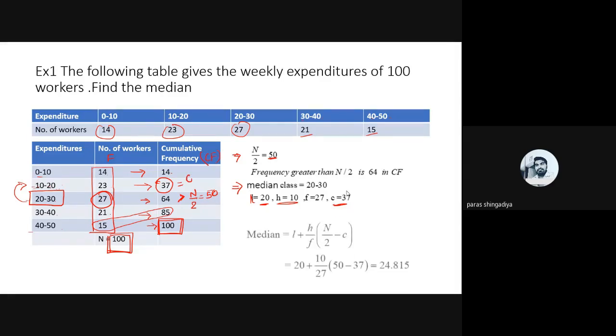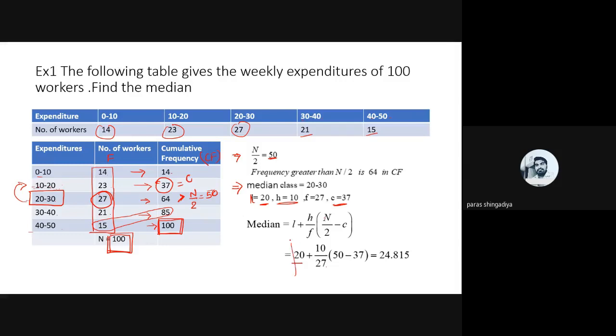Now use the formula: median is equal to L plus h by f, in the bracket n by 2 minus C. So L is 20, h is 10, divided by 27, in the bracket 50, n by 2 is 50, minus C, which is 37.